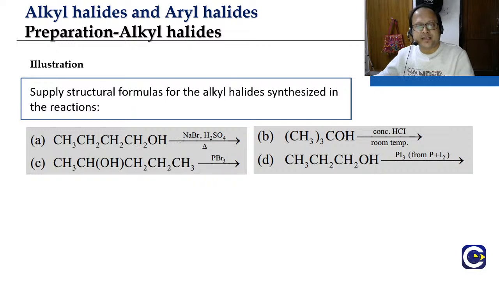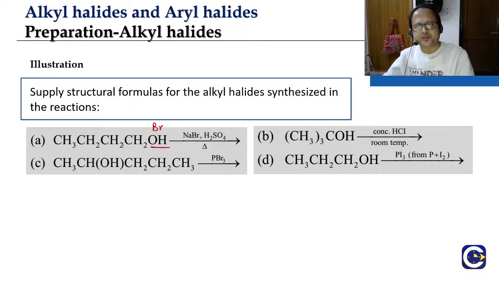Okay, so you see that you are dealing with NaBr and you also have H2SO4. So what is going to happen, right? In presence of this, OH should be replaced and you will obtain Br over here, right?